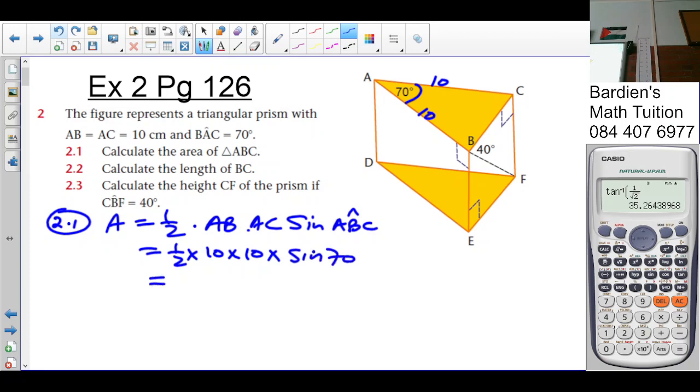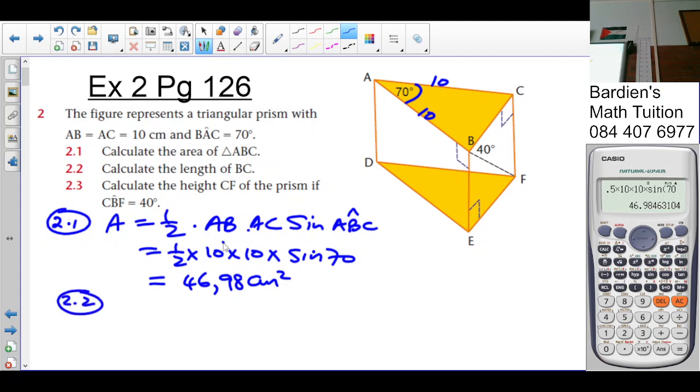Put that in a calculator. Make sure the calculator is in degrees. It's going to give you 46,98 centimeters squared. Okay.